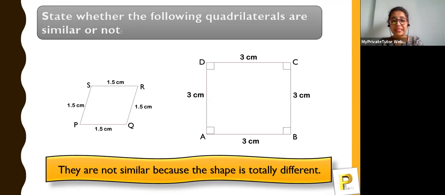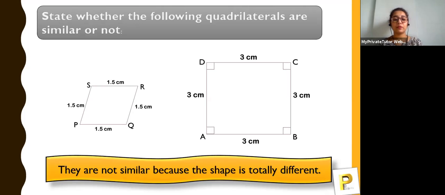Even though the measurement for all the sides of the first quadrilateral is same, and for the second quadrilateral also all four sides are same, the two quadrilaterals are totally different in shape. Since they are totally different in shape, they are not similar figures.